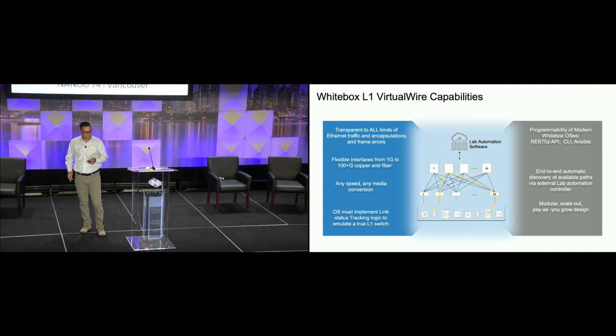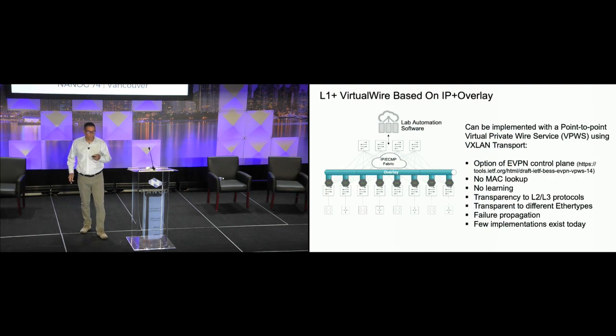The second, more interesting, more disruptive way of thinking about building a layer 1 cross-connect fabric is actually by implementing what I call here a point-to-point virtual private wire service.